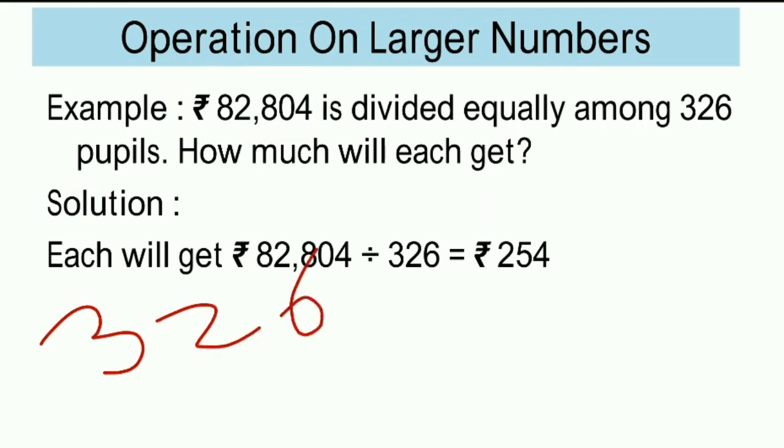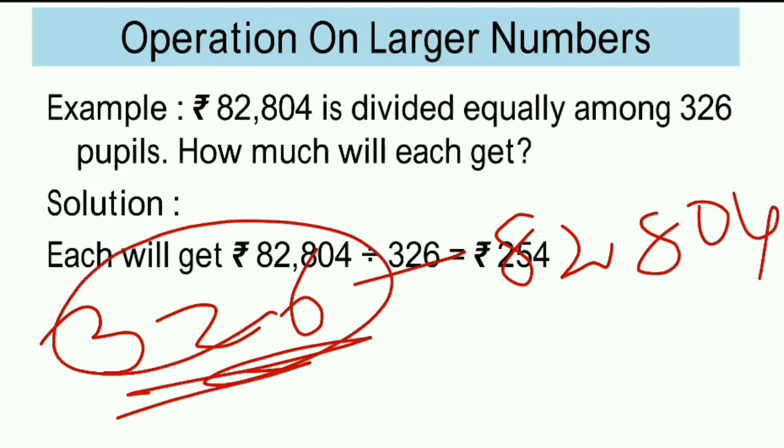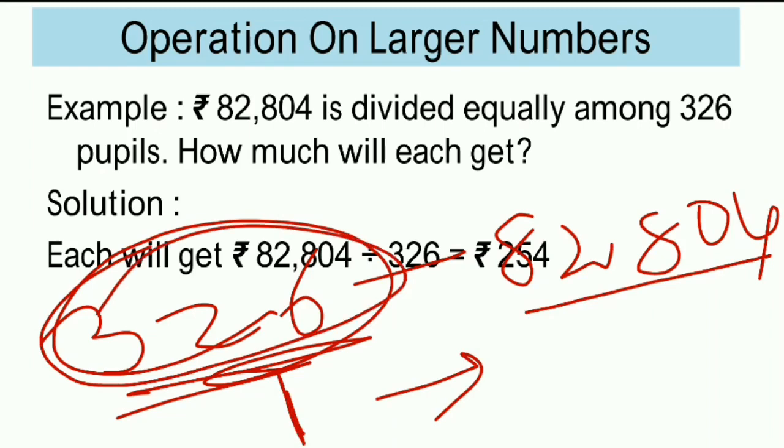This much amount, 82,804, is there for 326 people and you have to find for one. So here you will divide this number by this.